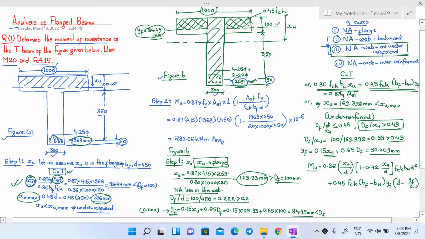This was the formula that we also discussed in our last lecture for this case.